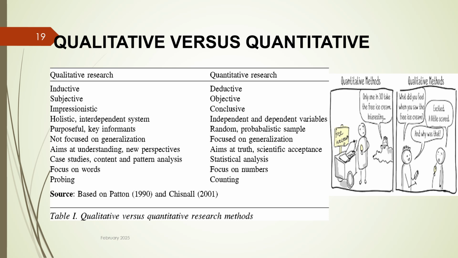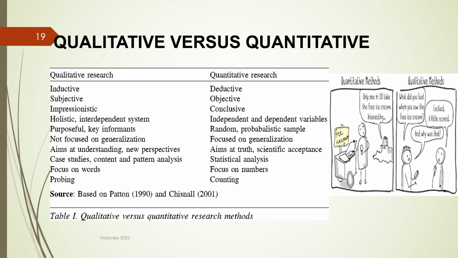Holistic is related to qualitative. Purposeful sampling, or what we call non-probability sampling, and we'll talk about that later as well. Not focused on generalization as in quantitative research. Qualitative research aims at understanding new perspectives, while quantitative research aims at truth or scientific acceptance.